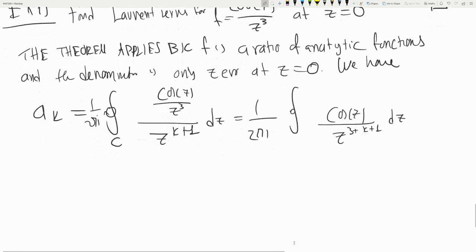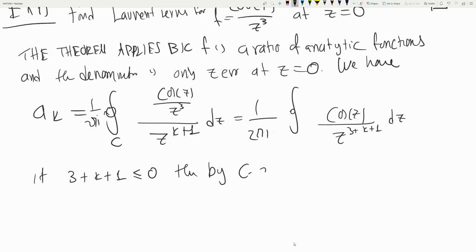So before we move on, we have to answer some questions. When is this even not 0? If 3 plus k plus 1 is less than or equal to 0, then by Cauchy-Goursat the integral is 0 because it's analytic.